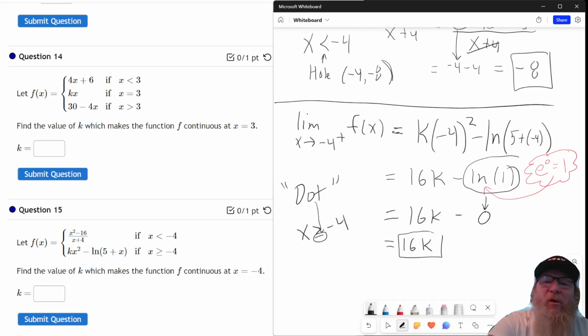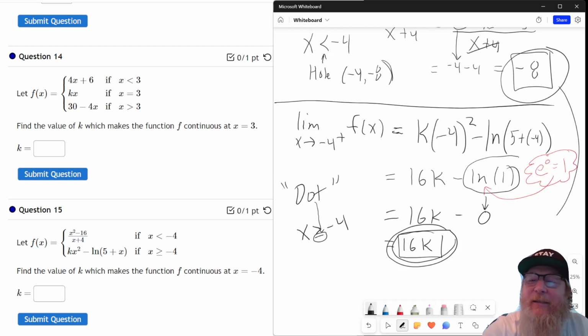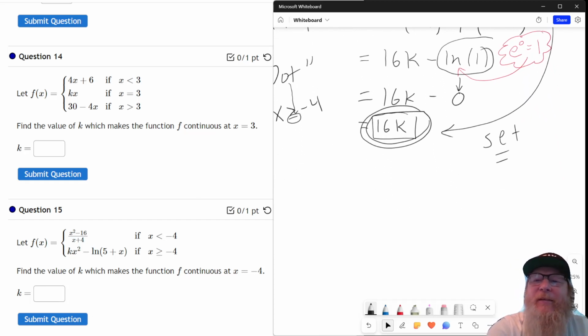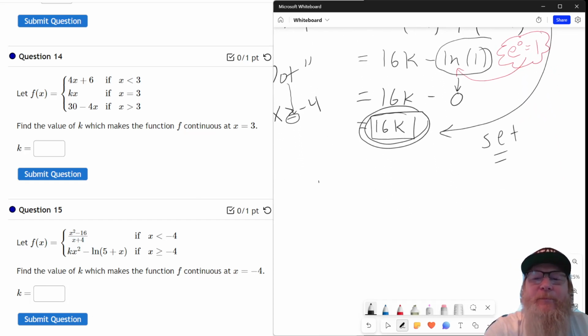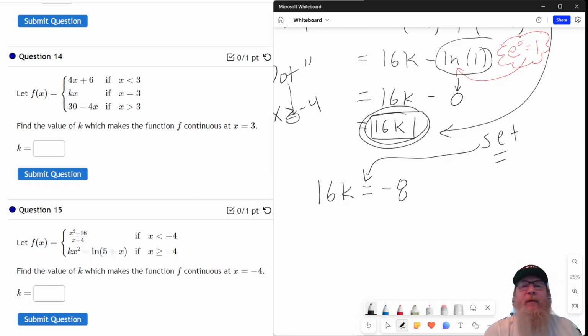And our goal is for the limit on the left to be equal to the limit on the right. So we're just going to set them equal to each other and solve for k.